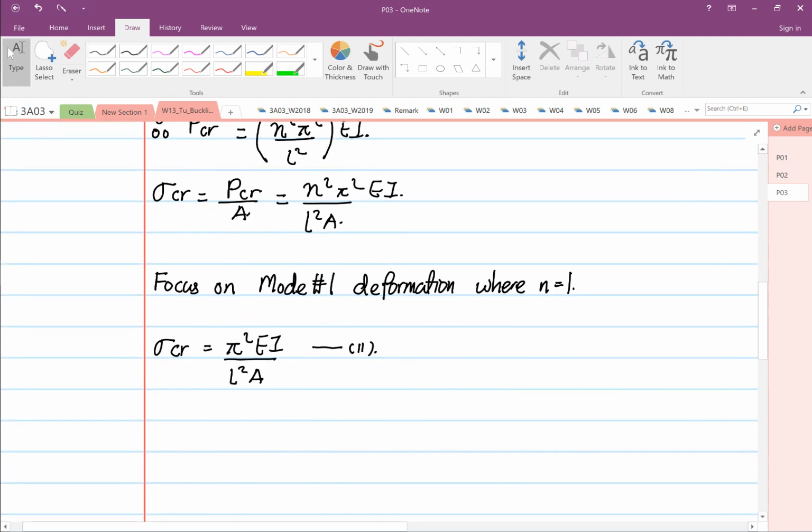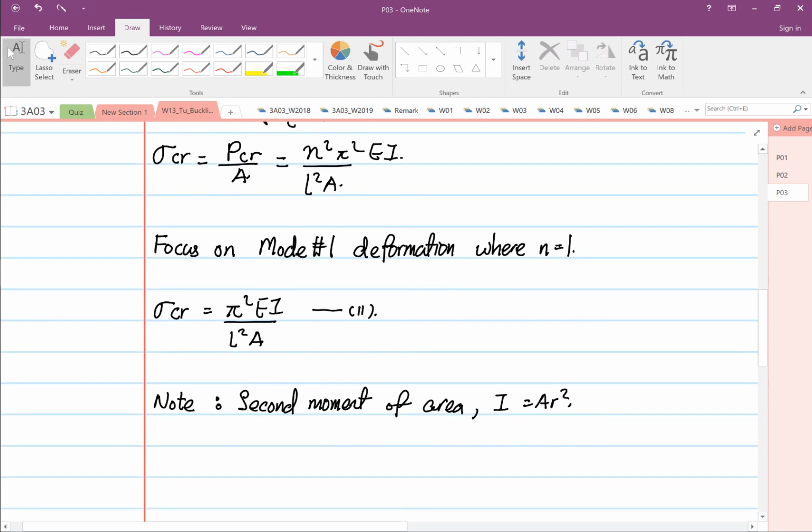Note that the second moment of area I is equal to A R squared. So we're going to substitute I equal to A R squared into equation 11.